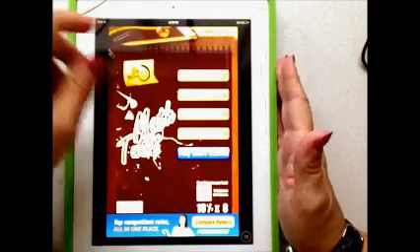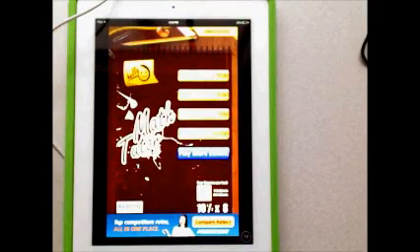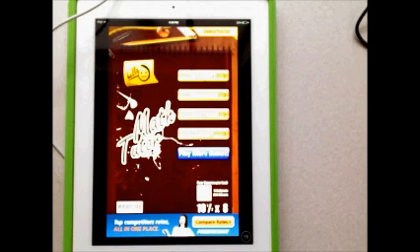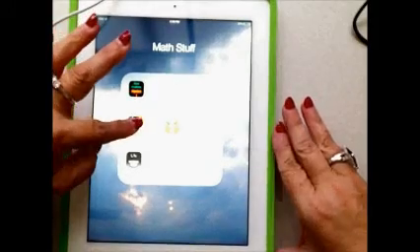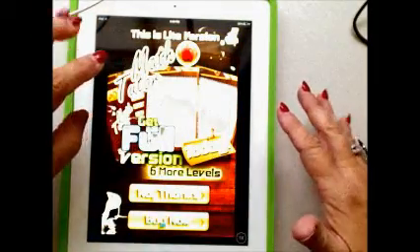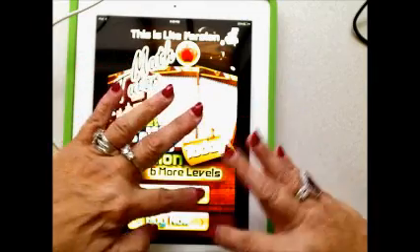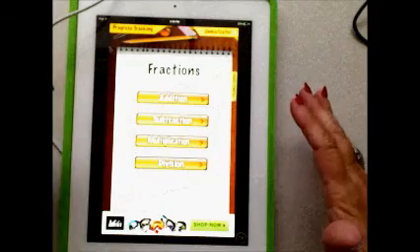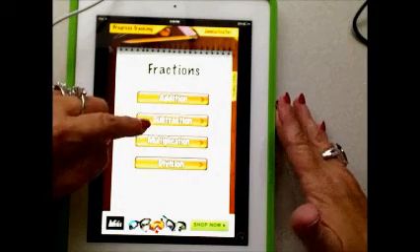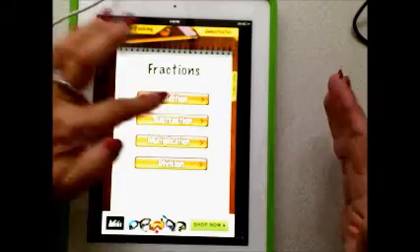And when I click on this, I don't want to buy, I just do the free one. I have integers, decimals, and then fractions, and I click on it, and then I can add, subtract, multiply, and divide. So this is really good practice.